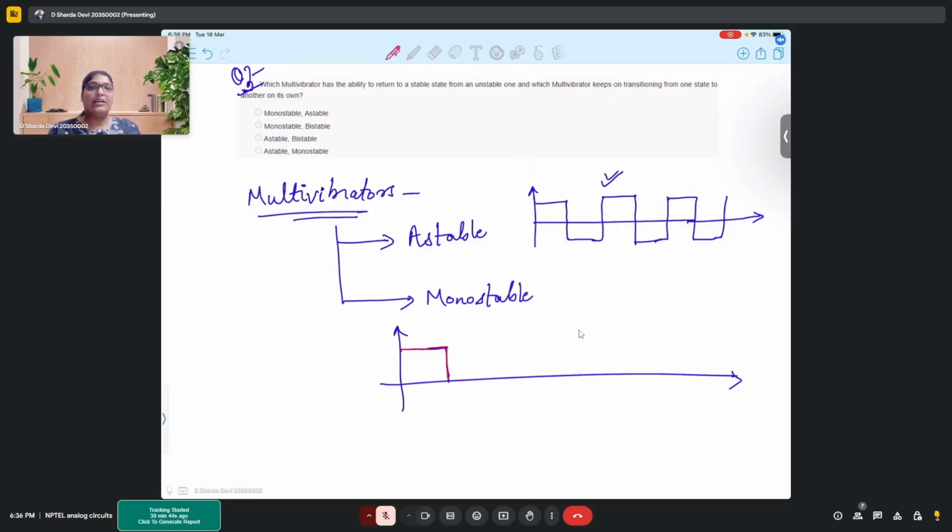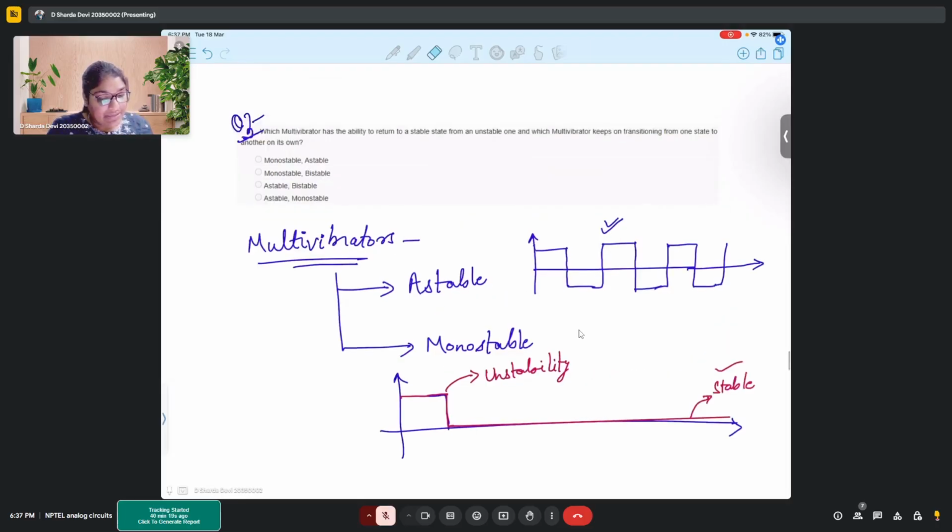The duration for which you introduce a disturbance defines the width of the pulse, and after that the output comes to a uniform state. So this is the stable state, and this is the instability that has been caused. Since there is a single stable state in a monostable multivibrator circuit, that's why it is called monostable, right?